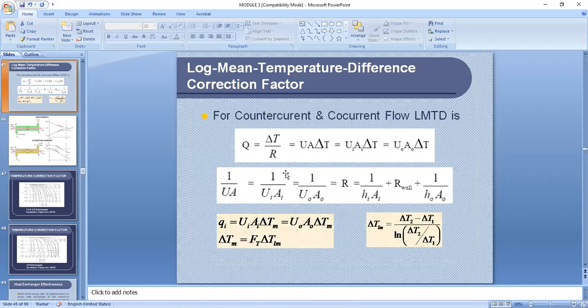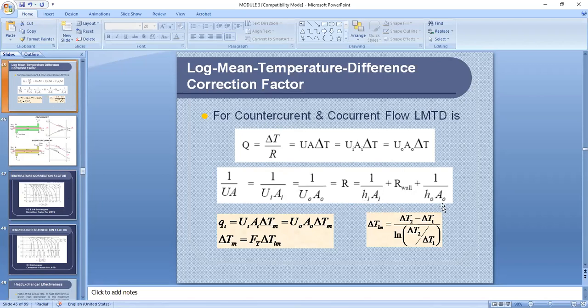So you use this formula in determining the Q if you are provided with the overall heat transfer coefficient U, the corresponding area, and the delta T. If it's not given, and in lieu of that you are given heat transfer coefficients of the inside and the outside fluids, then use delta T over R for the Q. Determine the R first, plug it in the formula, and solve for the Q. That is if you are given heat transfer coefficients and areas.